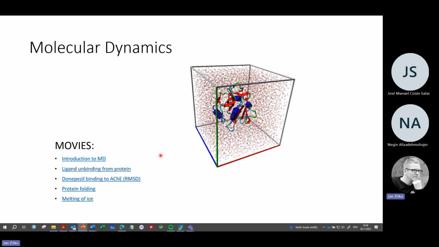So to give you an idea, molecular dynamics cannot be done on a normal computer. You need at least a supercomputer, or a workstation with, let's say, 32 or 64 cores. Another possibility, and it's quite trendy today, is GPU computing.